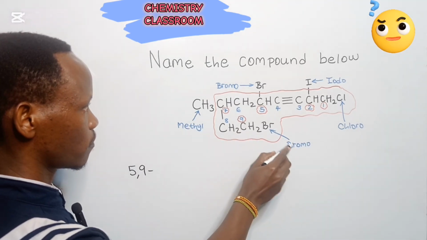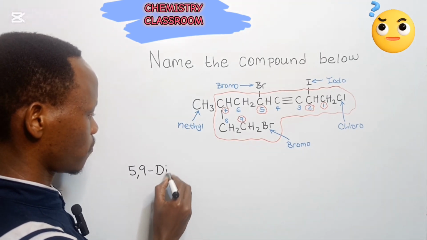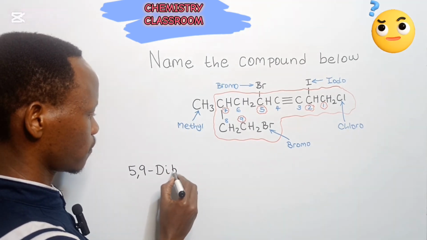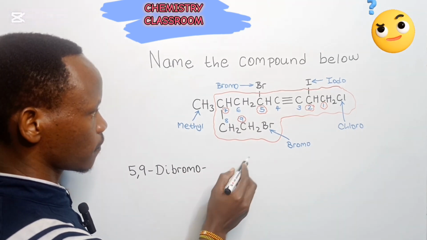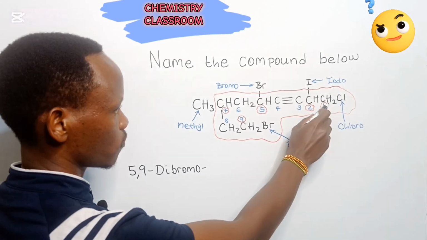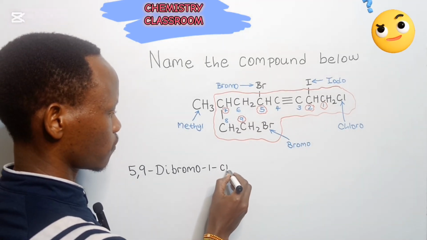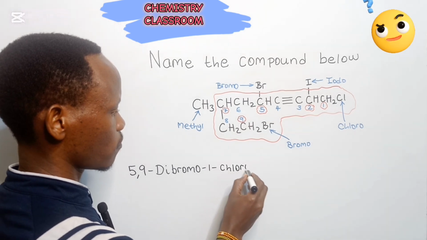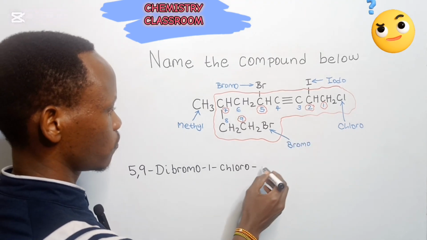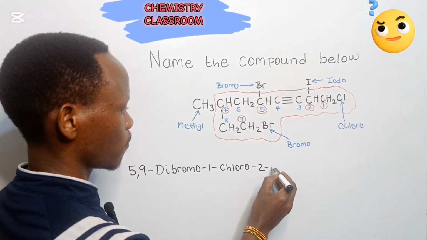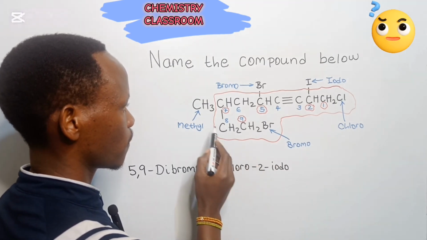We do have two similar groups, and for that case, the prefix di, and then on position 1, we have a chloro group, and on position 2, we have an iodo group.